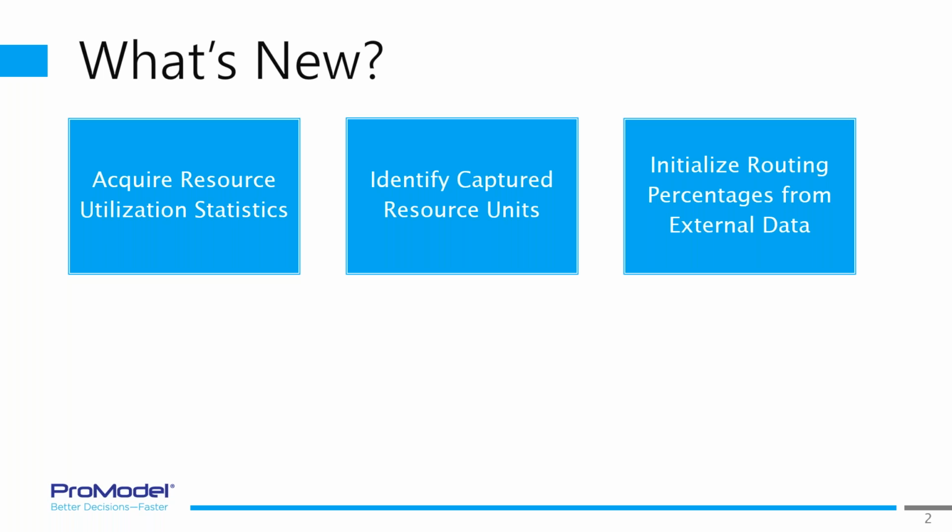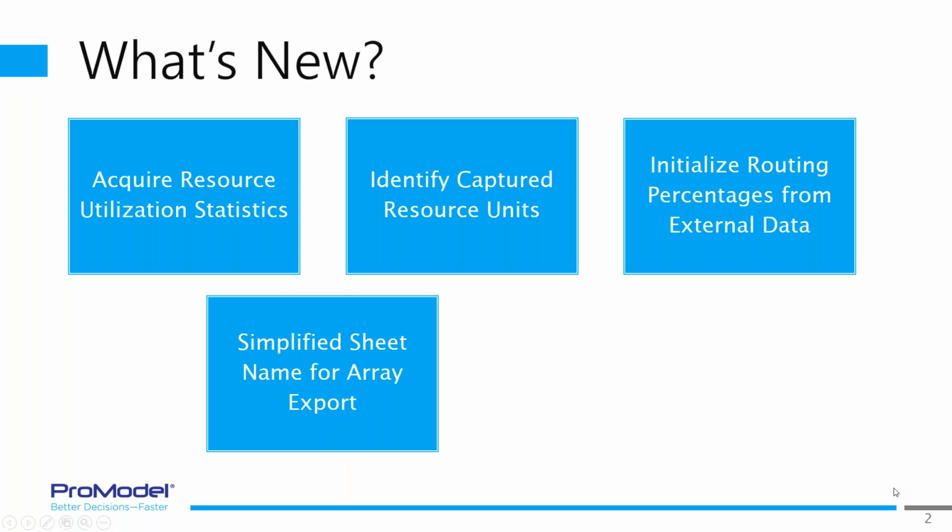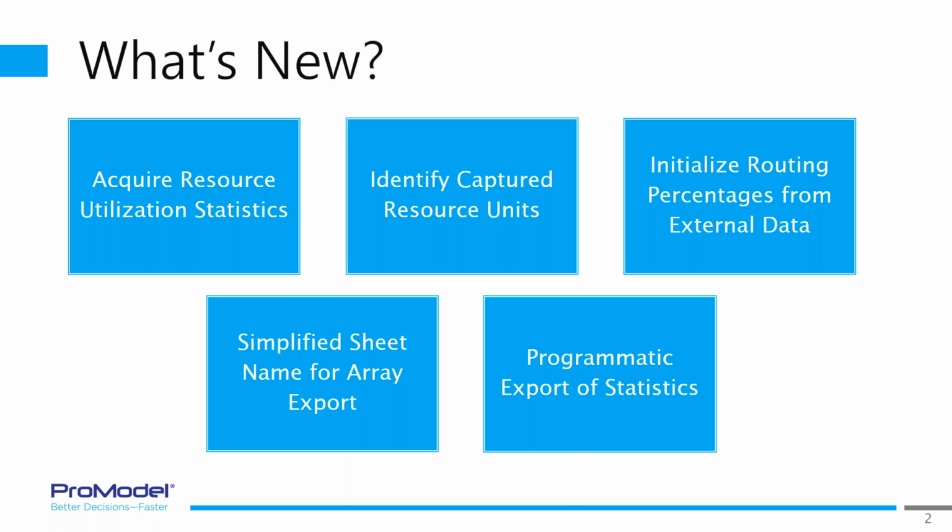We also added the capability to initialize your routing percentages, those routing connections that are based on percentages, from external data, and that's through the use of an array. We've also simplified the naming for array export. And lastly, we're going to talk about the ability to export the statistics generated from your simulation model programmatically, so that from an external program, for example VBA, you can get those statistics.